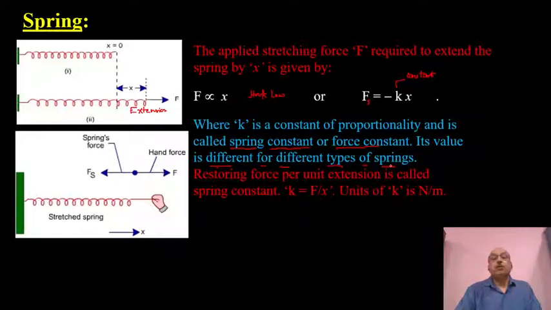The restoring force per unit extension is called the spring constant. The value of spring constant K is F by x. Its unit is newton per meter.